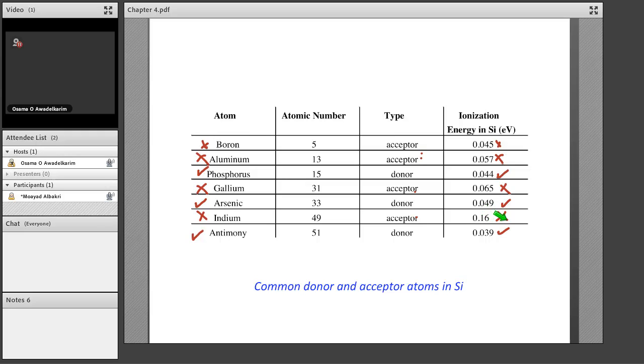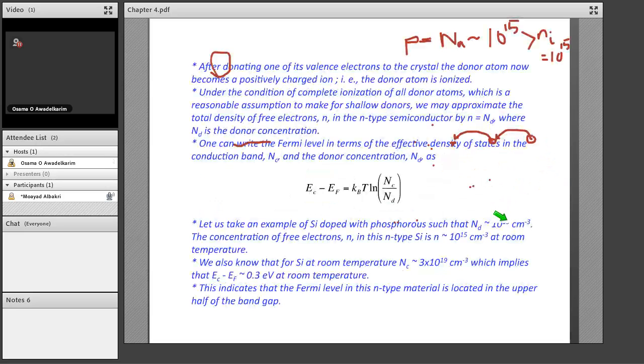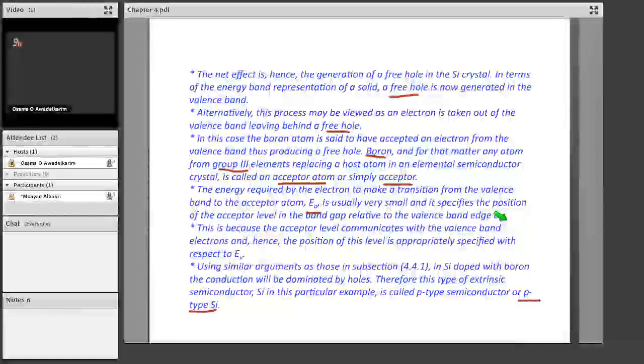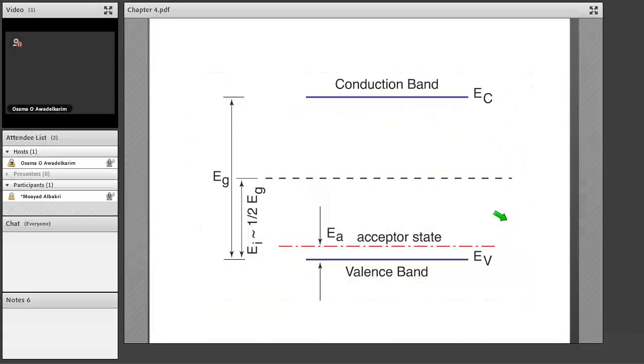So here in this table, actually, you have a list of possible donors and possible acceptors in silicon, and the energy needed to liberate an electron in a donor or form a hole in a p-type.